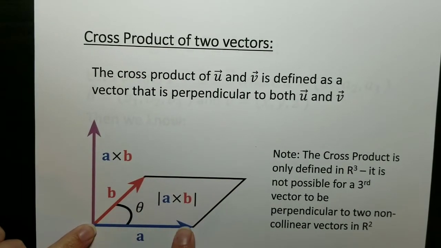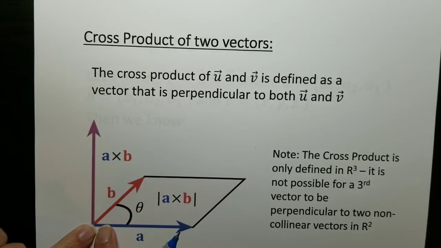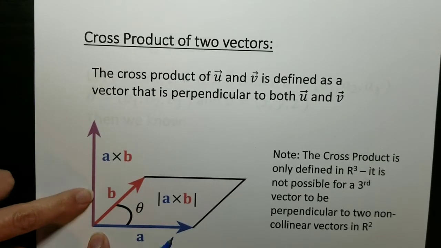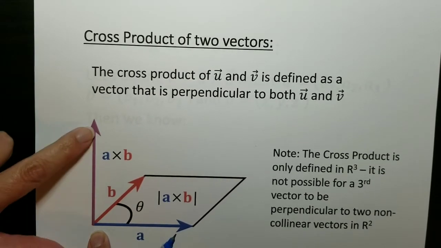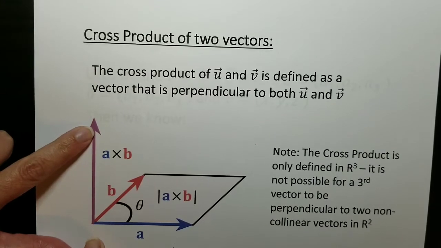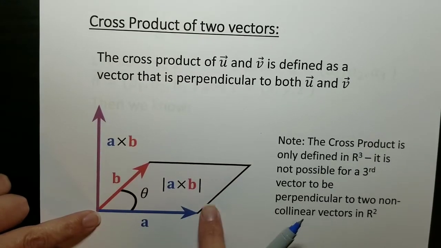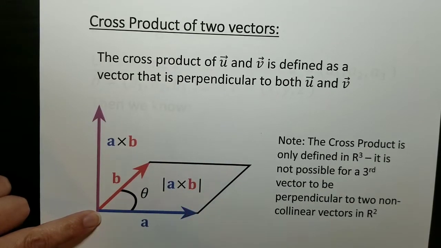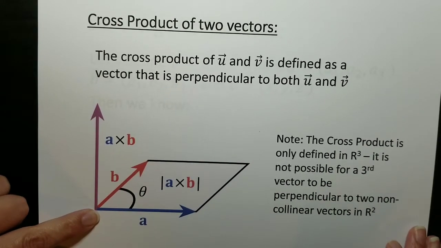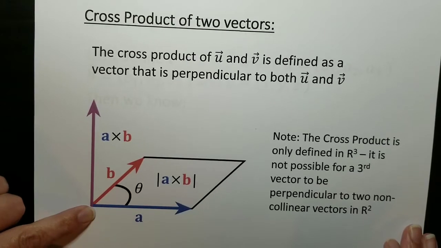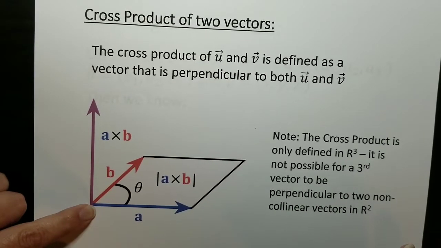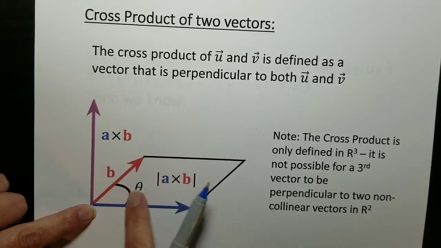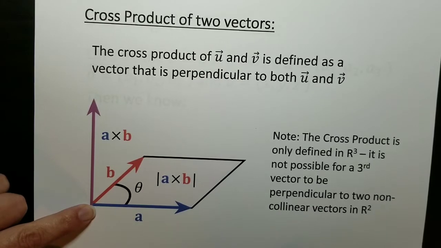If you have two vectors here, the cross product is the vector that comes out perpendicular to both of them, and it's going to actually have a magnitude of the area of this parallelogram, which we're going to get into more in the next lesson. It is a little bit arbitrary what the magnitude is, but it does end up being the magnitude of the area of that parallelogram.